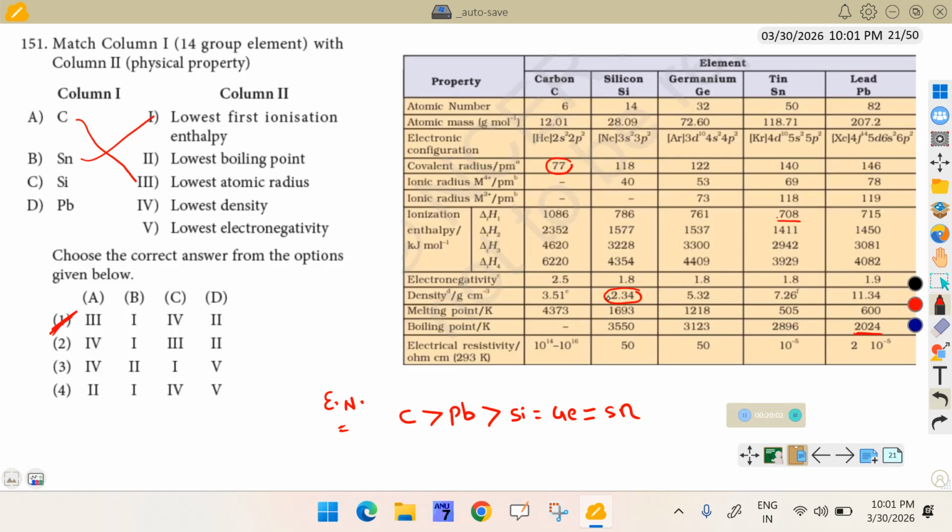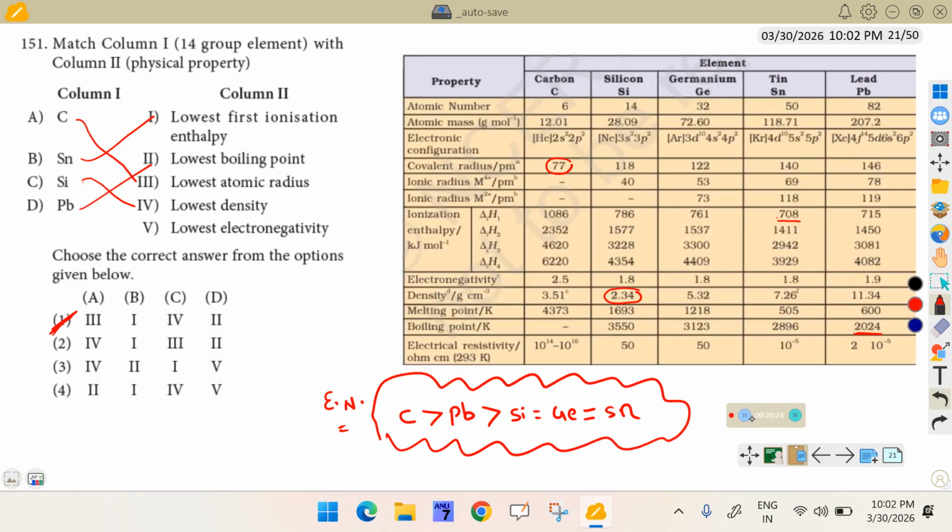About silicon, silicon density is low. About lead, lead boiling point is low. First option is correct. About electronegativity, carbon greater than lead greater than silicon is equal to germanium is equal to tin.